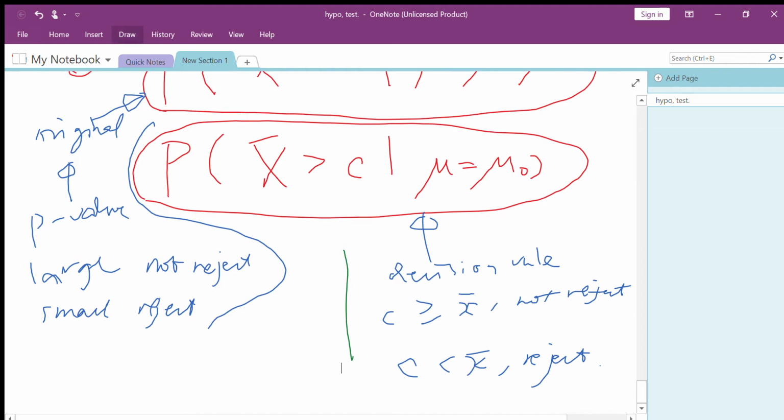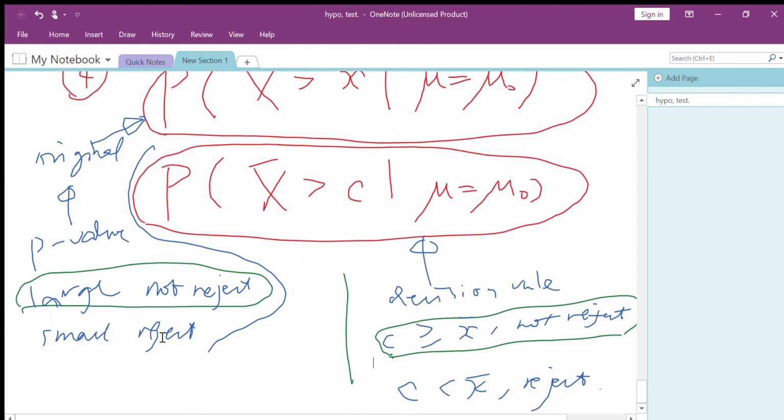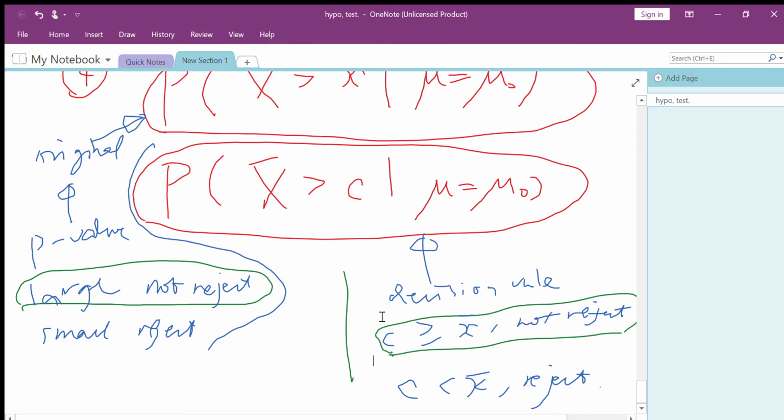So why does this make sense? Let's compare these two for the not reject cases. For p-value large, not reject. If we increase small x bar, then, if C is greater than x bar, we do not reject, which means x bar is quite small.